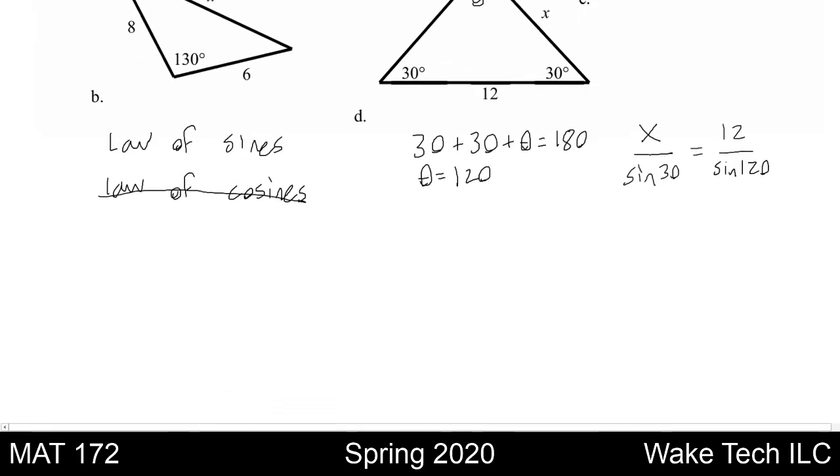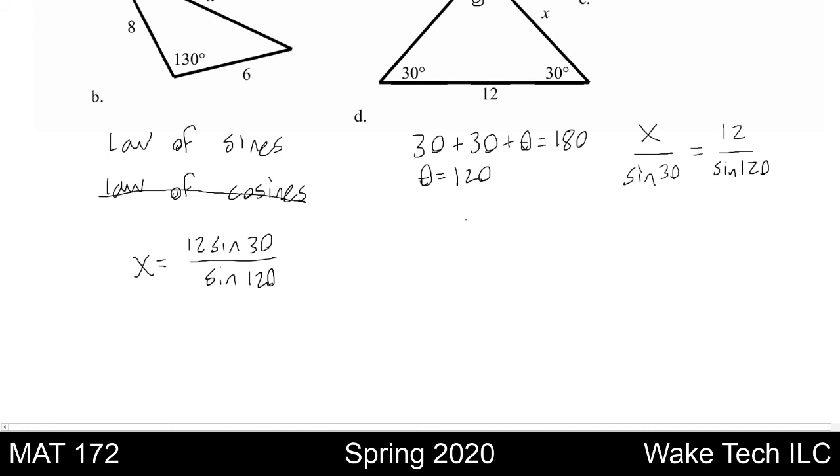All I have to do is multiply by sine of 30 to get x. So x is equal to 12 times sine of 30 over sine of 120.